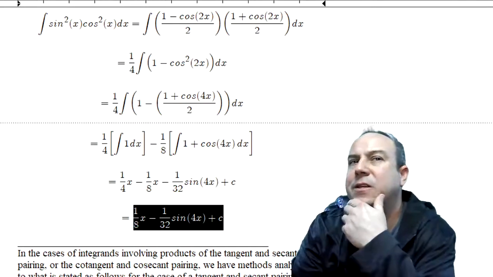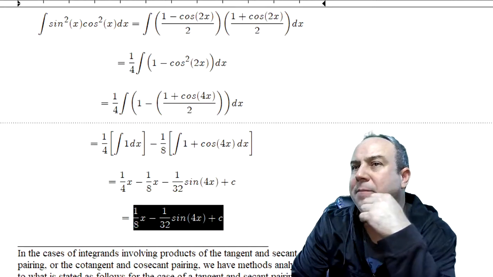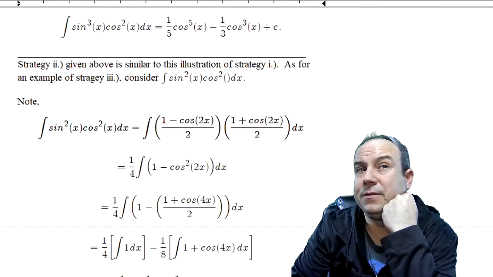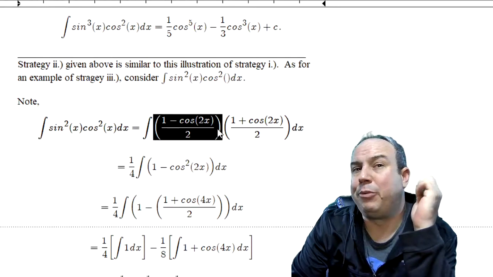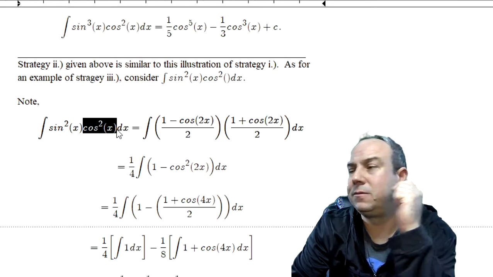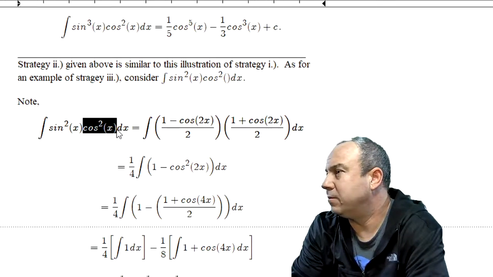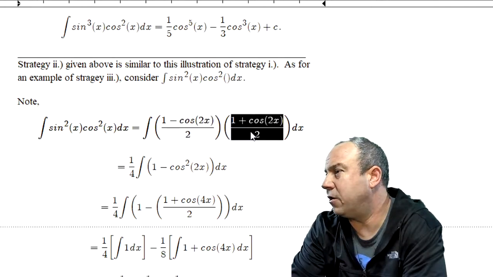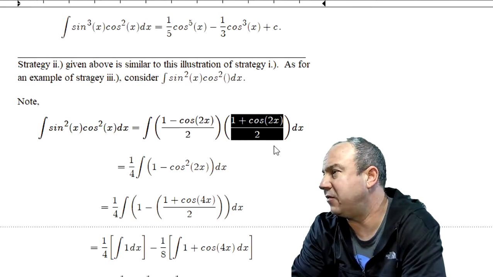That is what we're being told to do in strategy 3, given up above. Rewrite your powers of sine and cosine using your half-angle identities.